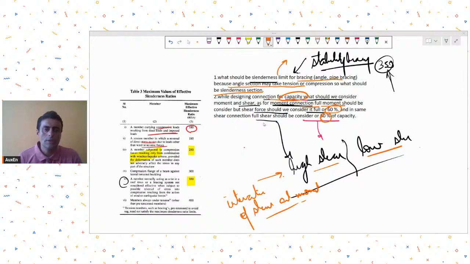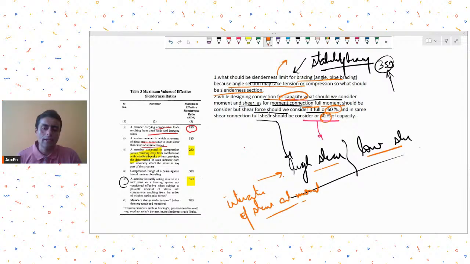This way of interaction between moment and shear is not there in the AISC codes. It's there in the British code, and from there it has been taken into the Indian code. So do not get confused with that 60% criterion for high shear, low shear design.